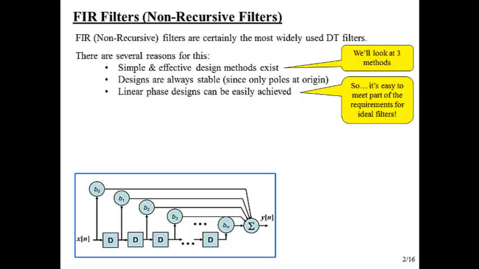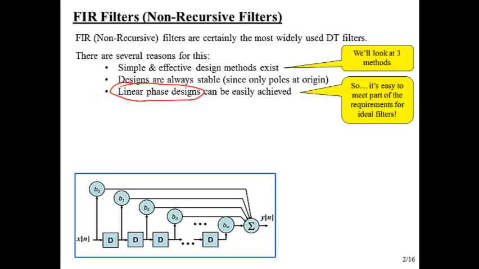You'll also recall that we said that FIR filters have only poles at the origin, so they're guaranteed to always be stable. We didn't state this before, but all the design methods that we will look at are able to achieve perfect linear phase designs, and that's a good thing.